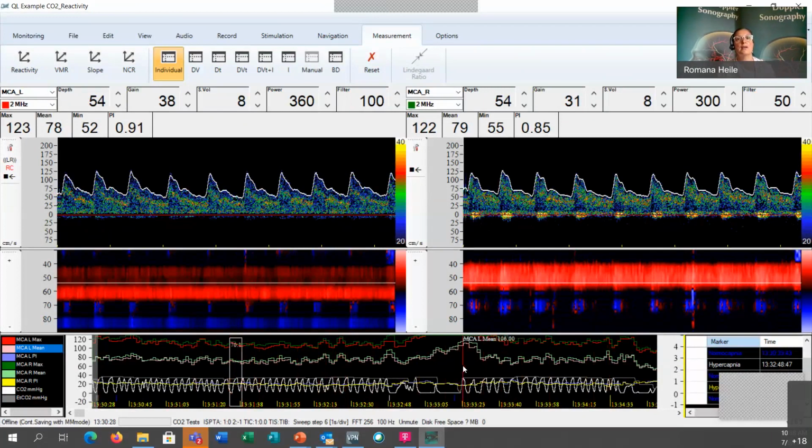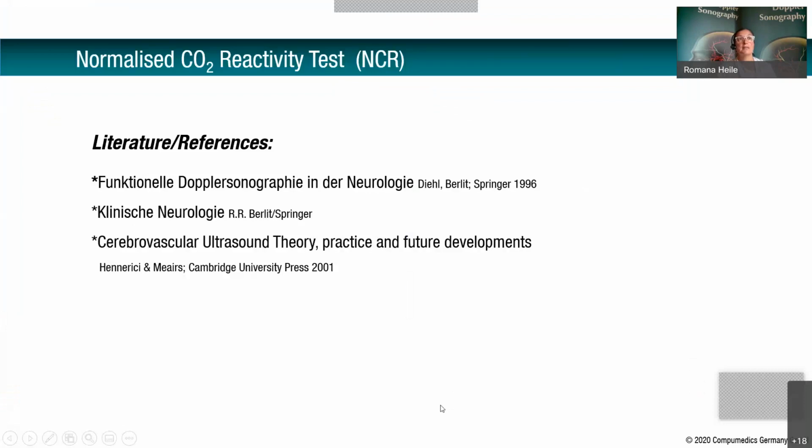Select this. We are then selecting a couple of cycles from the steady state of hypercapnia. And then to start the calculation, we press NCR. And then you get the measurement in percent.